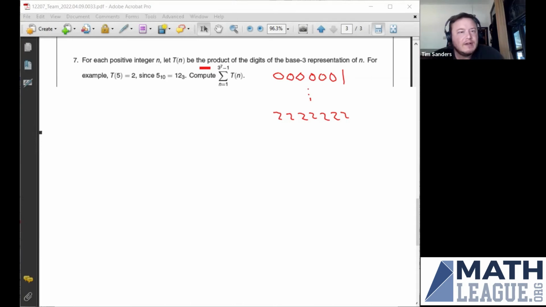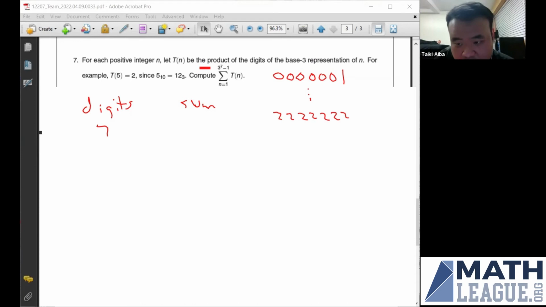I usually like to make a chart on these sorts of things, and I'm going to start with the hard one: 7 digits and the sum of the products. 7-digit numbers are always going to start with a 2 or a 1. Anything that has a 0 is out because the product is 0. So we're only looking at things that have nothing but 2s and 1s.